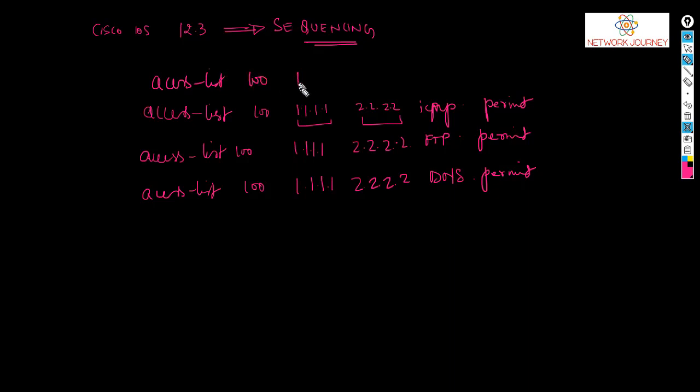But unfortunately, you have a big deny statement over here. So how does an access list work inside a Cisco box like routers and switches? They work in a sequential way from top to bottom. As soon as it finds a match, it's going to do the action, and then it's not going to go to the next line.